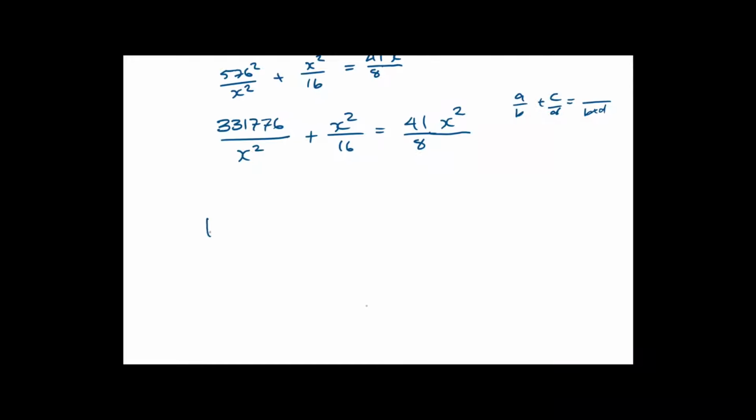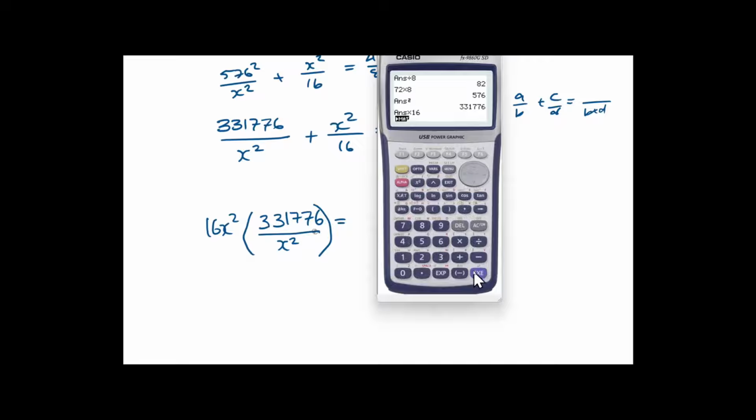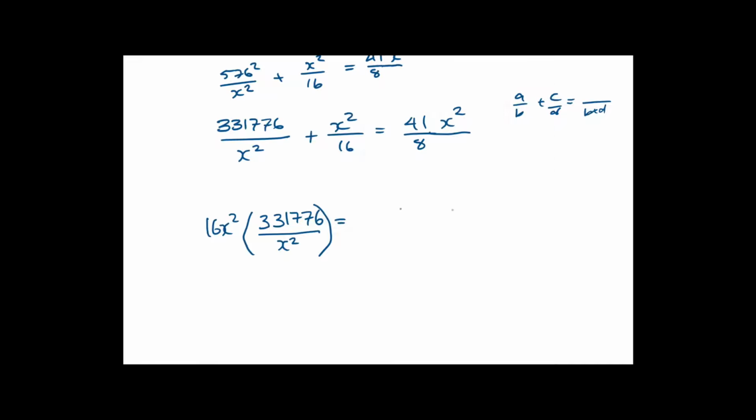So 16 times 331,776 over x squared is going to give us whatever 331,776 times 16 is, which equals this enormous number, 5,308,416, x squared over x squared, and they're going to cancel.